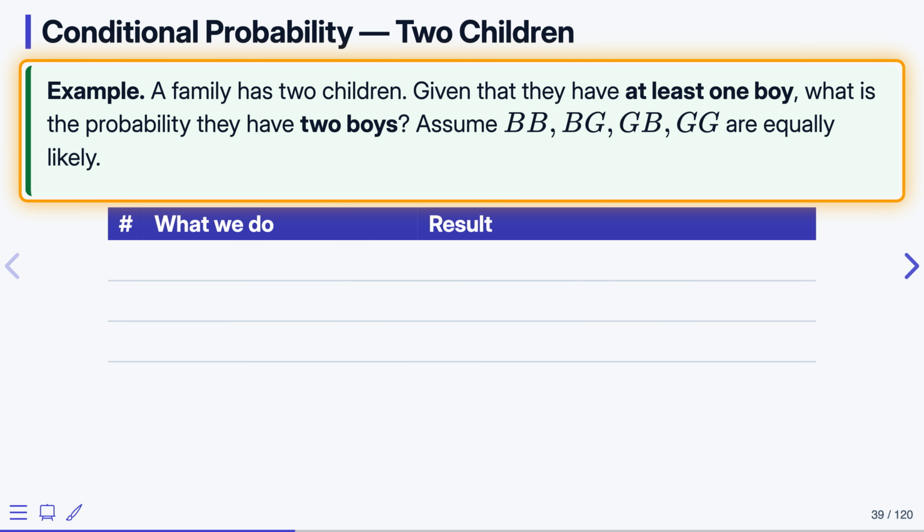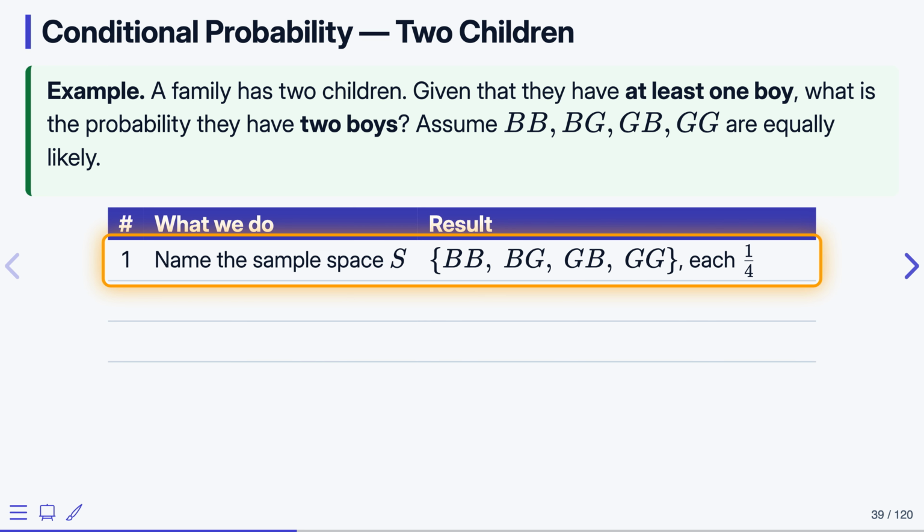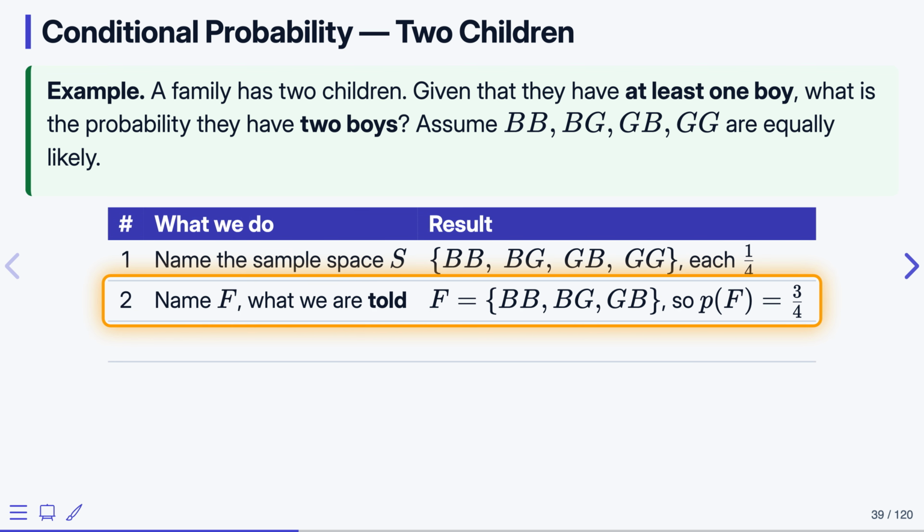Another example, and a surprising one. A family has 2 children, and we are told there is at least one boy. What is the chance both are boys? Step 1. The 4 equally likely cases are boy-boy, boy-girl, girl-boy, and girl-girl. Each has probability 1/4. Step 2. Name F what we are told.